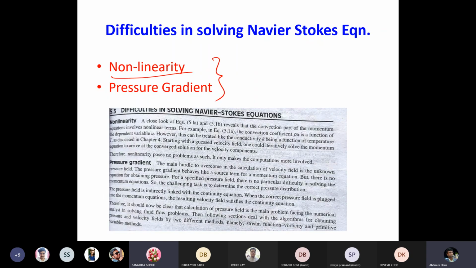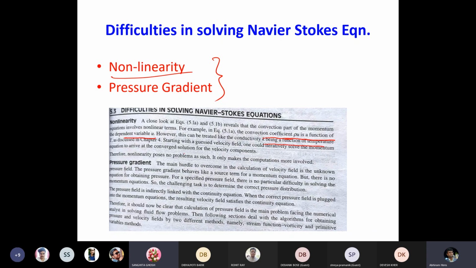This non-linearity will pose some complexity. I am quoting some text here: the convection coefficient rho u is a function of the dependent variable u. However, this can be treated like a conductivity k being a function of temperature T, as discussed in an earlier chapter.